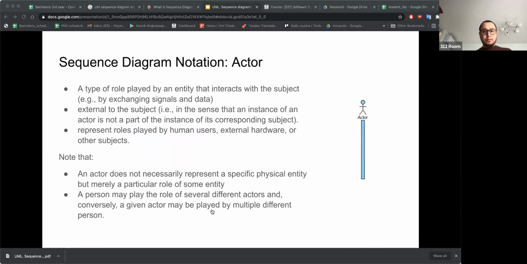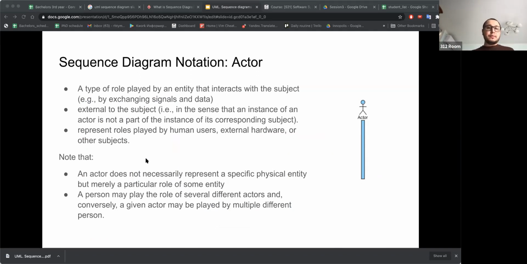We covered the actor in the previous diagram. This is basically a stakeholder of our project, anything or anyone that has some interaction with our system. But in a sequence diagram, an actor represents a type of role.